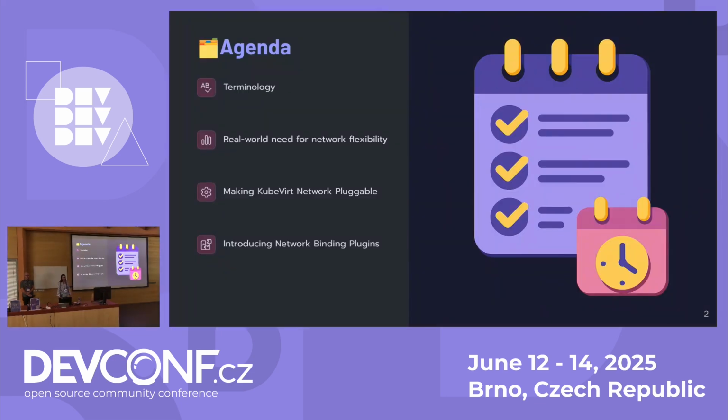Our agenda for today: first we'll start with some terminology and try to explain a bit how KubeVirt networking works. Then we'll go to real-life examples of issues that we have with our current KubeVirt networking solution and why we realized that we need more flexibility and to do some changes to our existing solution.